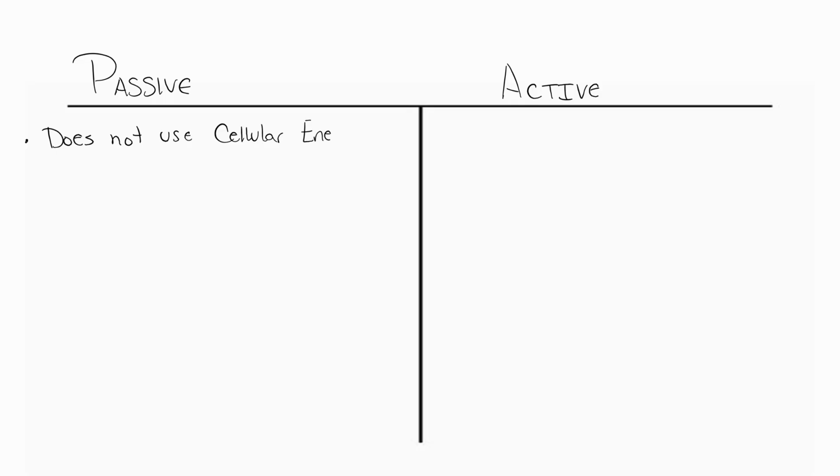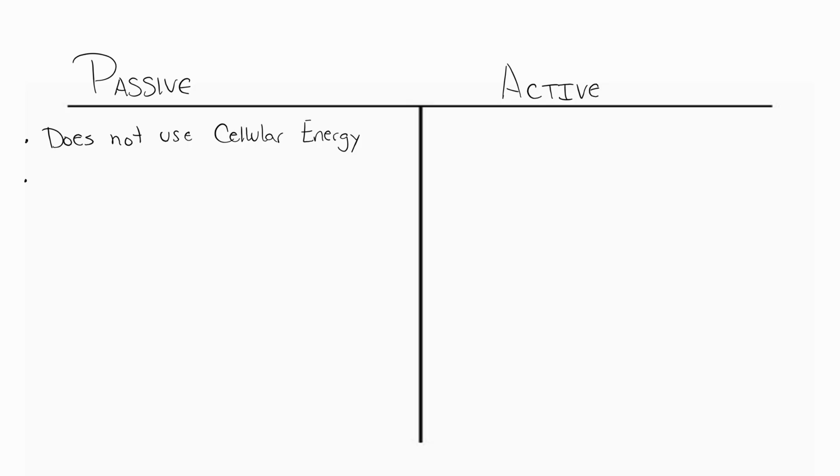So if we review this material and we take a look at this T chart here, remember we have two types of transport that we're looking at, passive and active. So let's compare these two things, and we're going to start with passive transport. So remember, passive transport does not use cellular energy. So again, we're not using energy to move these molecules.